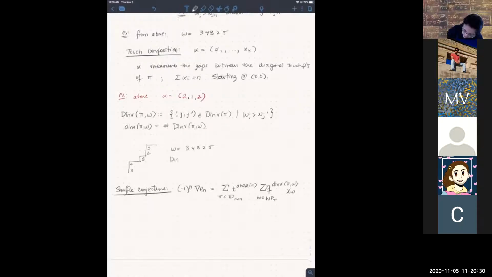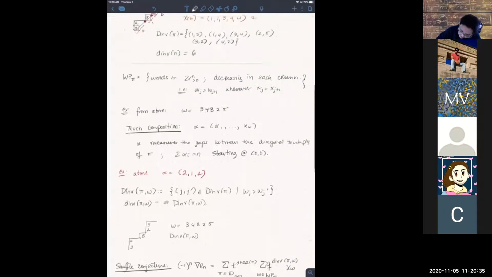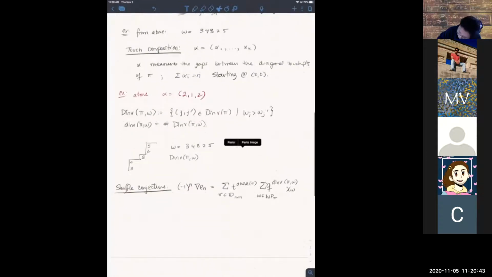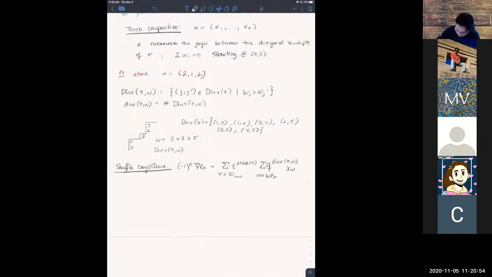And then dinv of pi w is going to look at the cells in dinv of pi, which was here. Let me copy that over. So dinv of pi was here. And we're going to look at the cells here such that, well, this condition holds, right? So 1 and 3. So we're going to look at word 1, 2, 3, 4, 5. I'm just writing that for my own. It's much easier to see. Is 3 bigger than 2? Yes. So we get the cell.